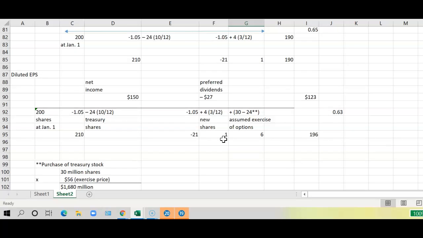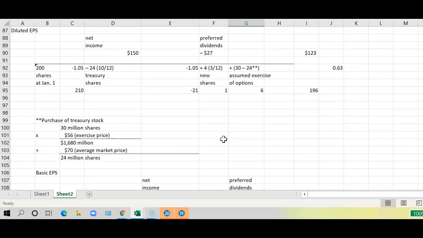So to actually calculate what is outstanding for stock options, the assumption is they take the money they received when the shareholders that had the stock options exercise them at the beginning of the year.